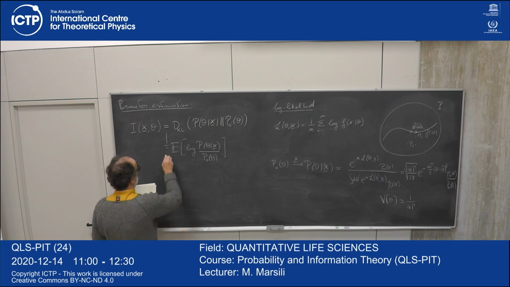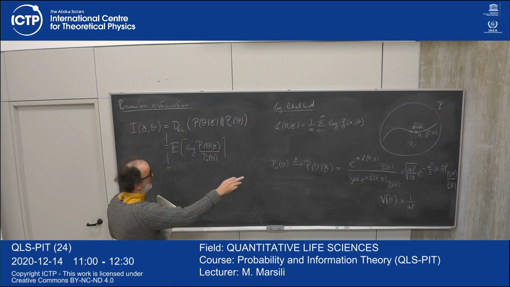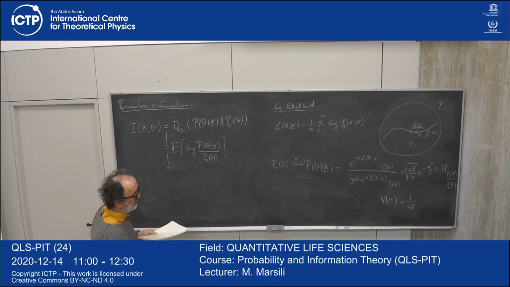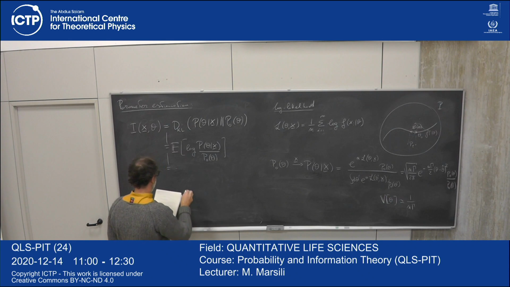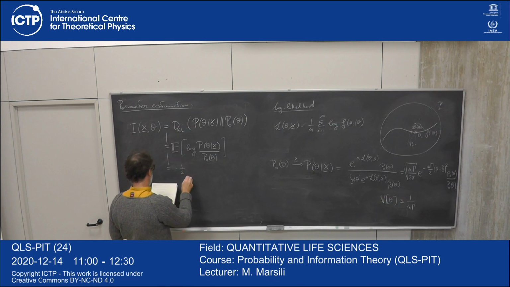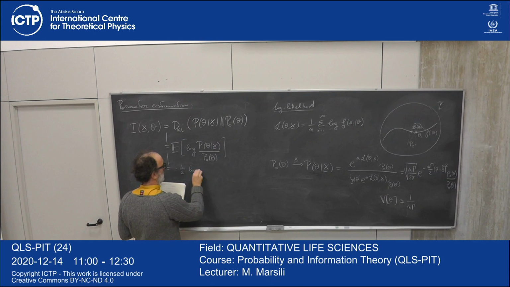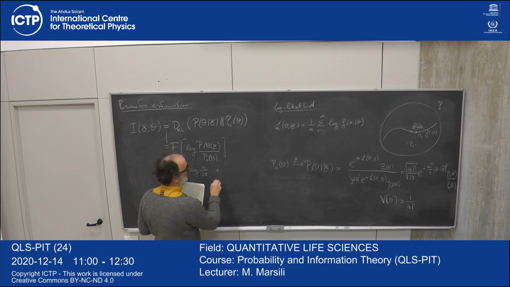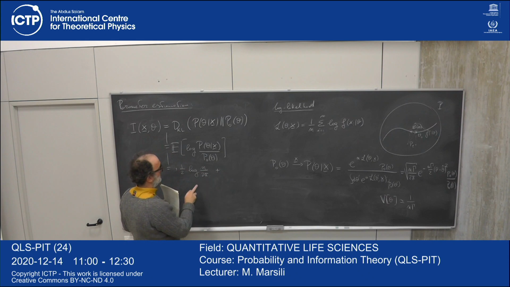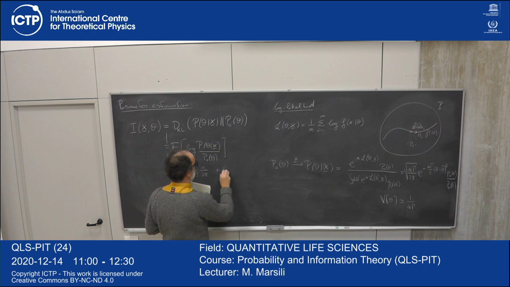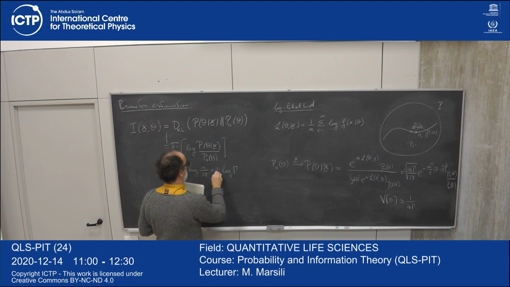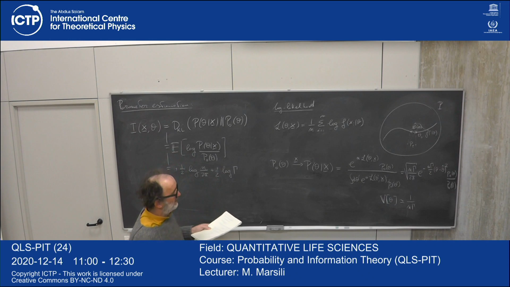Okay. So the first term is minus 1/2 times log of n over 2 pi. Then I have a term which is plus 1/2 log of gamma.